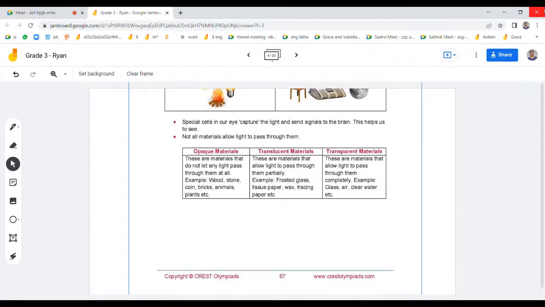You have a nerve, that is the nerve. It sends signals to the brain, and that's how we can see objects. What is that nerve called? That is called the optic nerve.